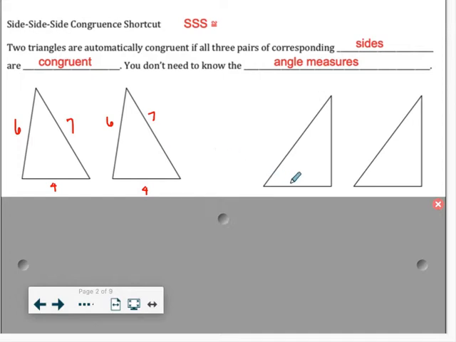I also could just say these are congruent because I'm putting tick marks. So one tick mark on these two sides, 2 over here, 2 over here, and 3. Remember, the same number of tick marks is saying that this side is congruent to this side. So that's 2 examples of triangles that are congruent by the side, side, side shortcut.